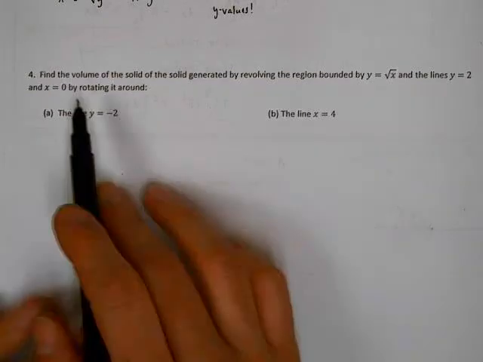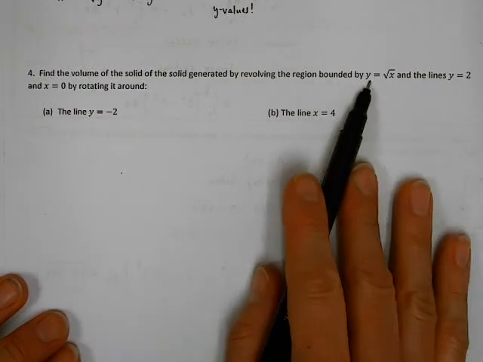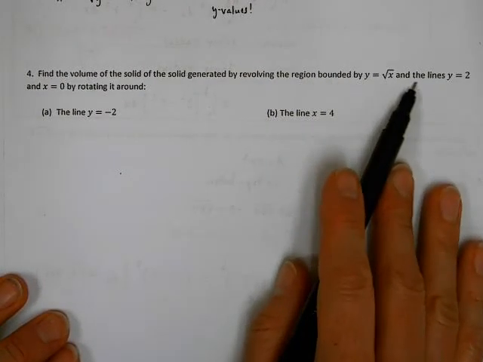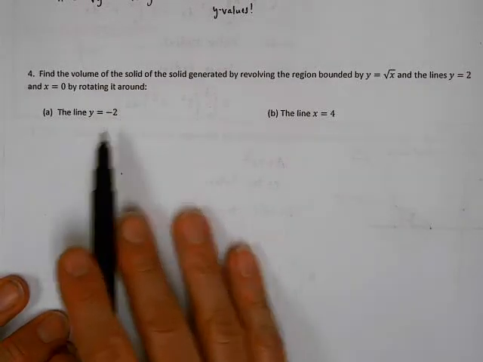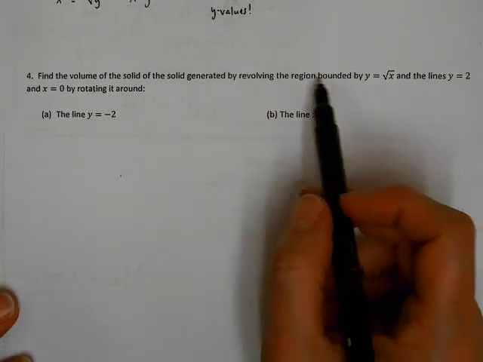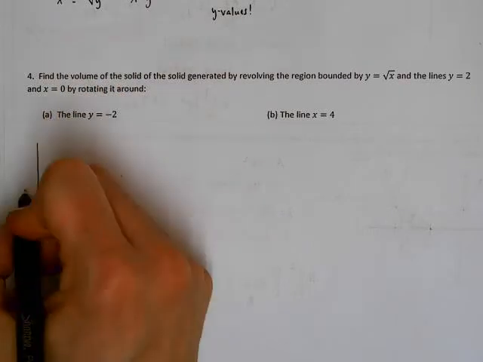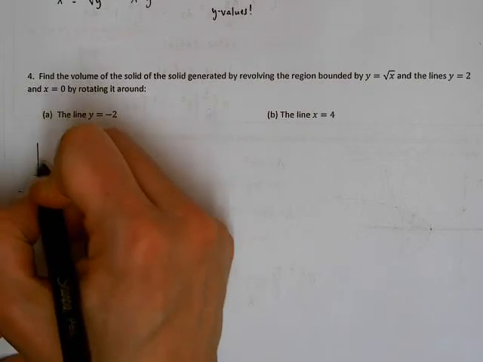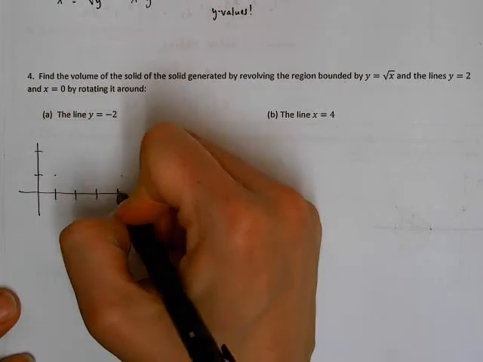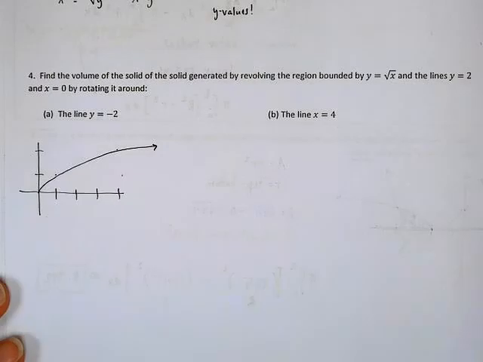Now we're finding the volume of the solid generated by revolving the region bounded by y equals square root of x and the lines y equals 2 and x equals 0, and we're going to revolve it about these other lines. First, let's look at what we're doing here. I've got my curve y equals the square root of x.